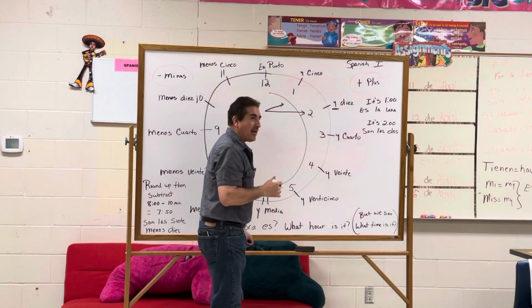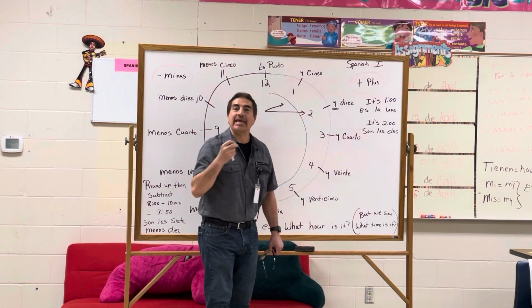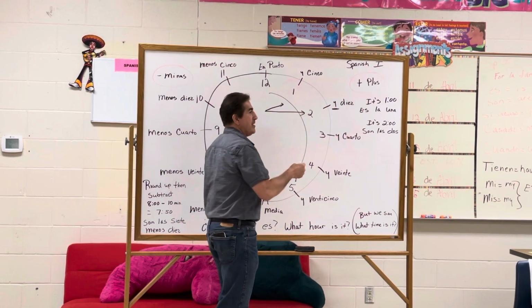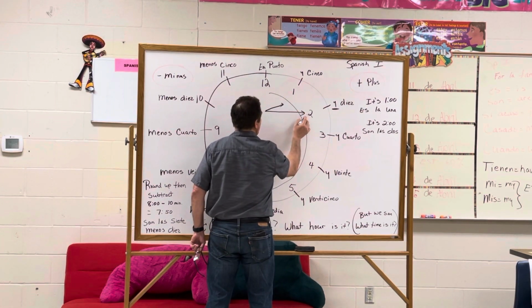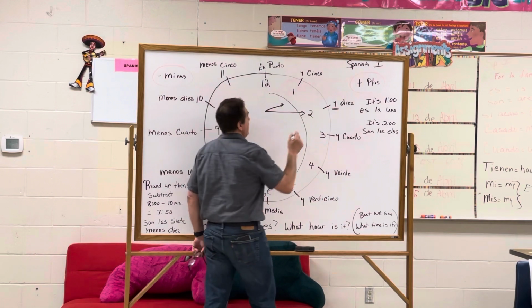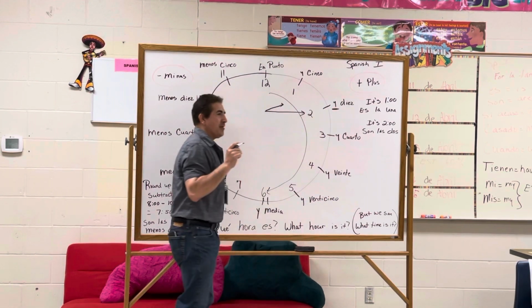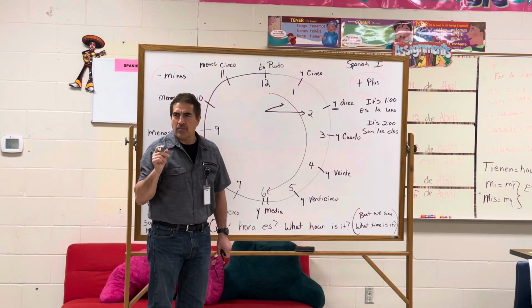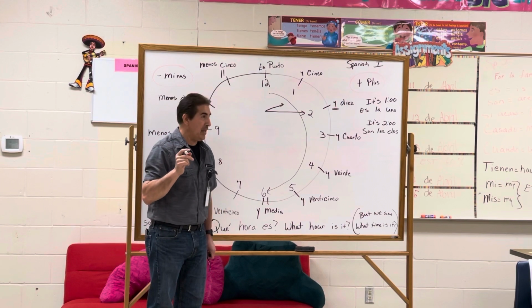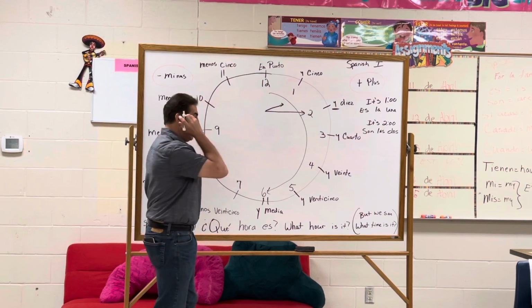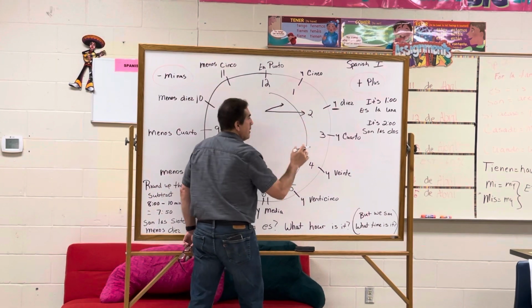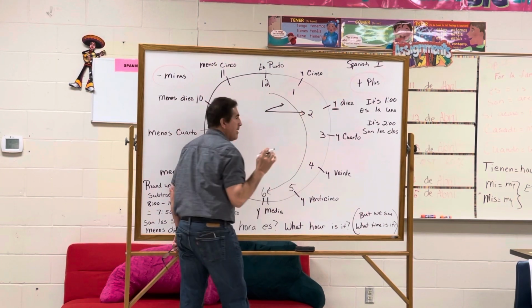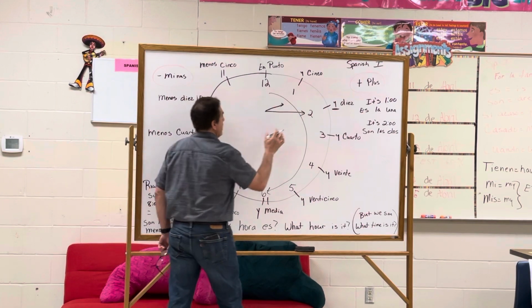And when we add with the time, we say y. Okay? So we go from 1 o'clock to 1:10, we added 10, right? We say y 10. Everybody remembers their numbers 1 through 59?